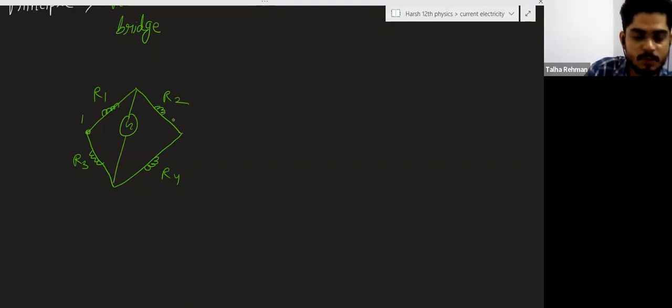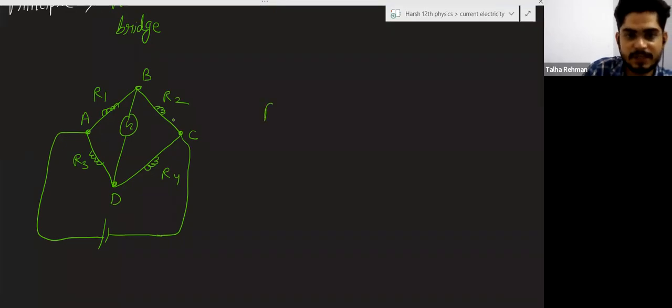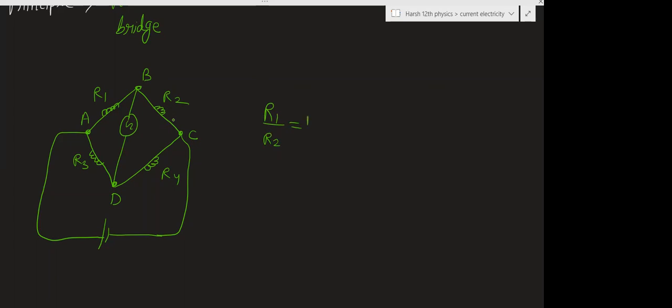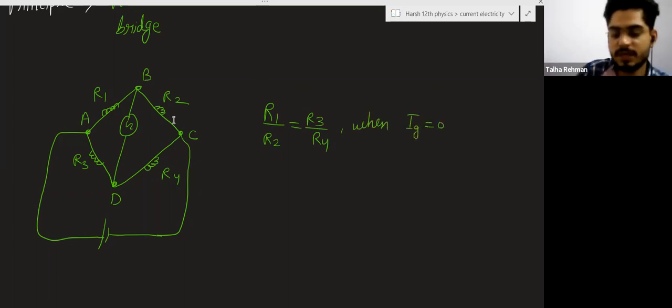Suppose this is point A, this is point B, this is point C. Please remember all these points, they are very, very important. We connect this with a DC power source. The balancing condition is R1 divided by R2 equals R3 by R4 when the current in the galvanometer is zero. This is the condition that we will follow.